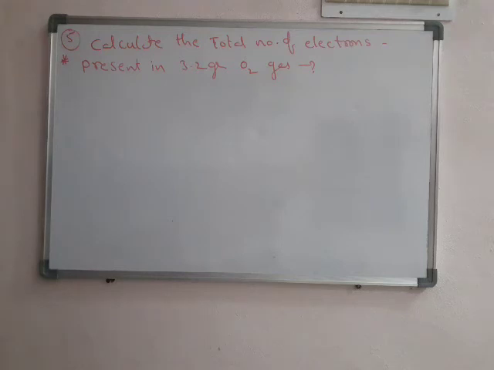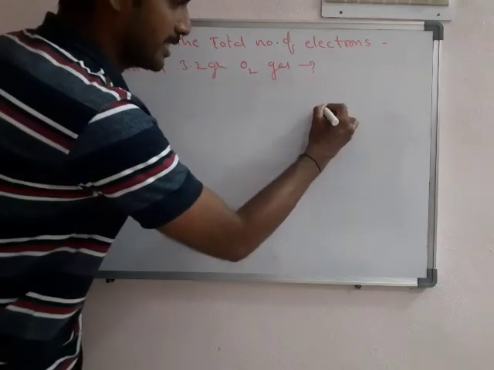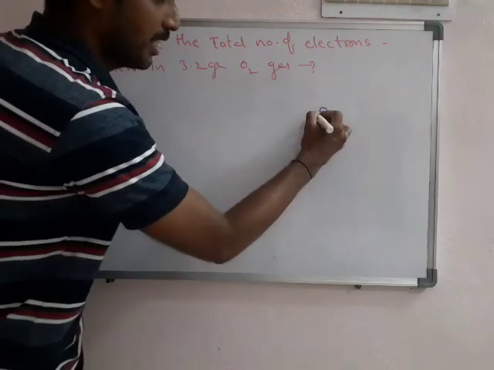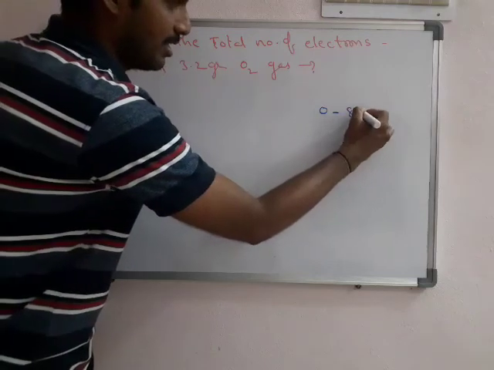So first we need to find out how many molecules are present. For example, how many electrons does one oxygen atom have? Its atomic number is 8, so it has 8 electrons.